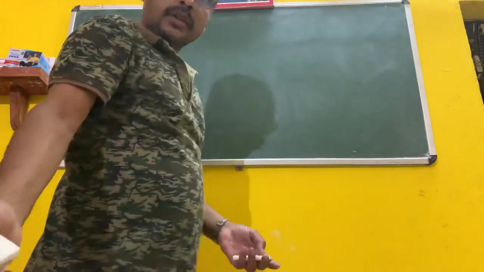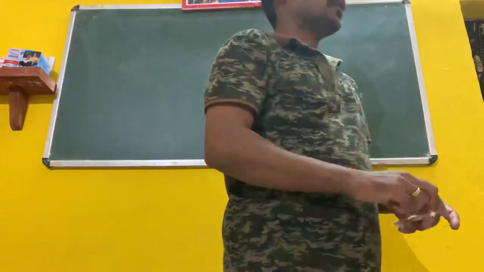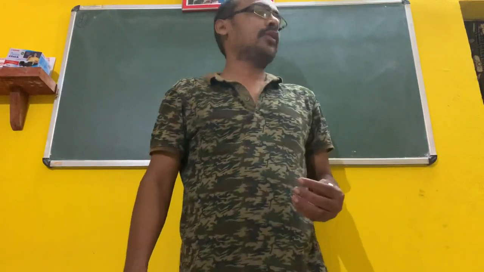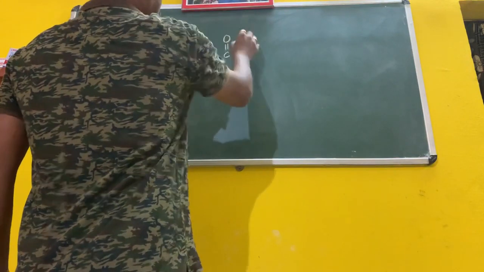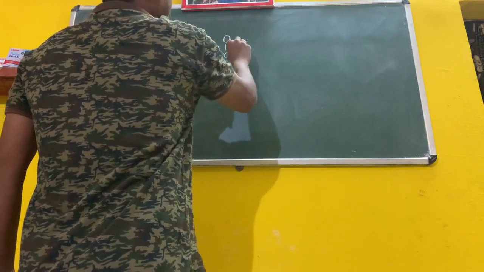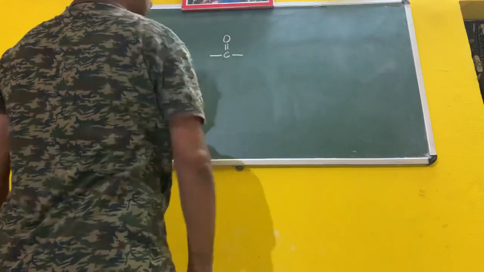Before going to the discussion of aldehyde and ketones, first we have to discuss the structure of carbonyl compound. C double bond O, there is your bond.